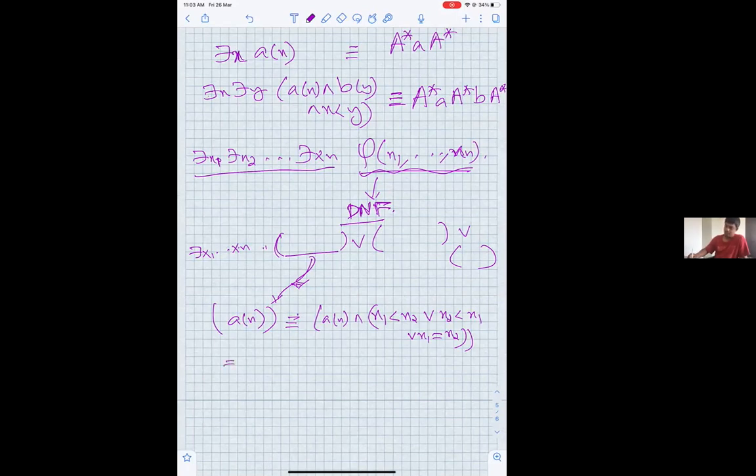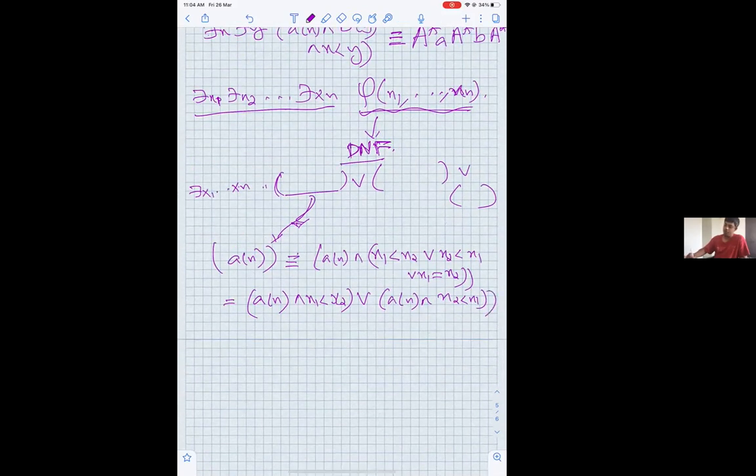Then I can distribute this conjunction over this disjunction. So then I'll get a of x and x1 less than x2, or a of x and x2 less than x1, or a of x and x1 equal to x2.